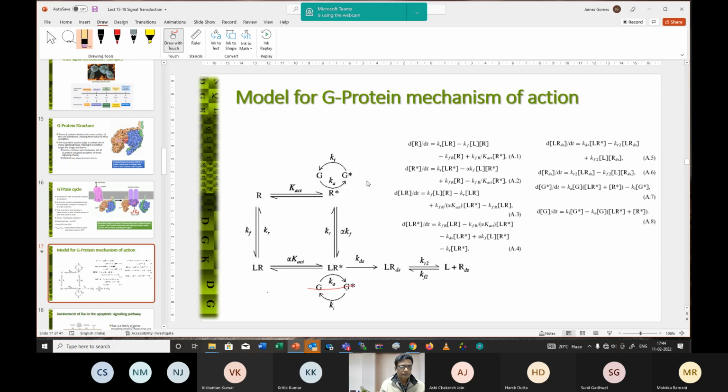So now look at this. I want you to pay attention to the fact that you'll find the rates are all given in terms of the concentrations present within the cell.